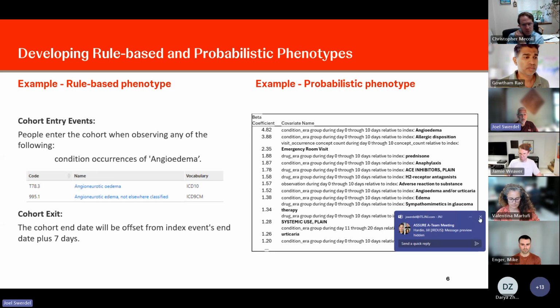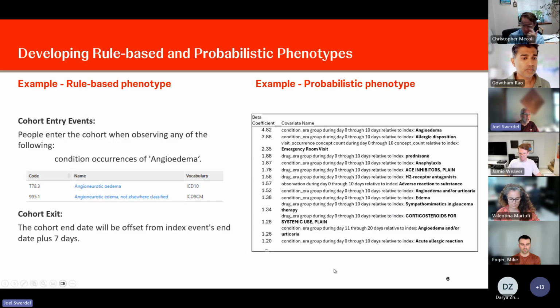Probabilistic phenotyping, on the other hand, in this case uses a LASSO regularized regression algorithm to determine the differences between essentially cases and non-cases.